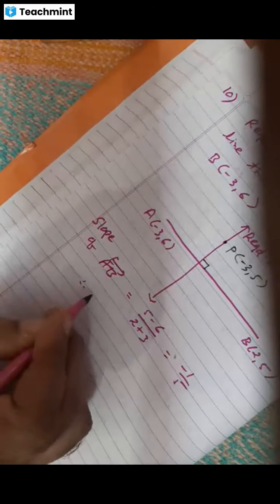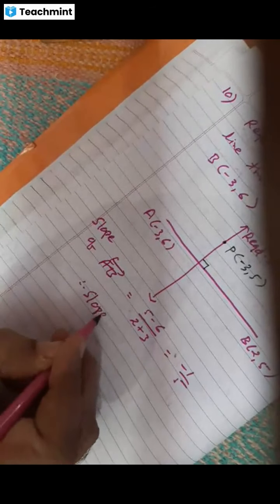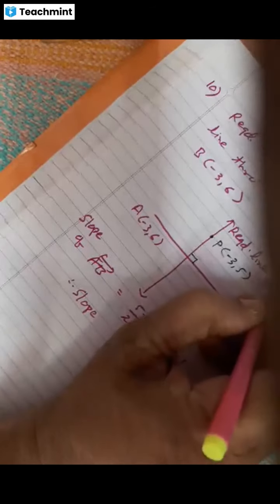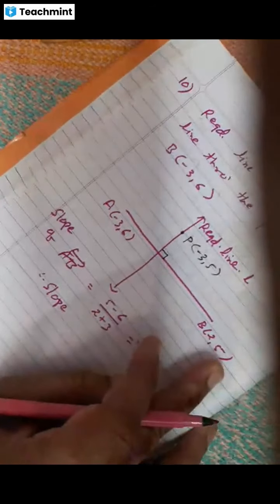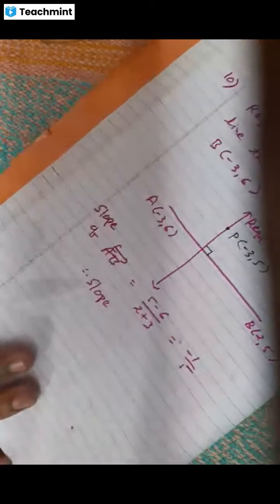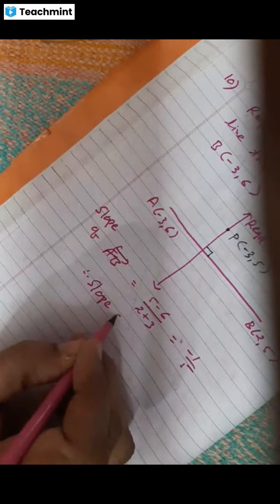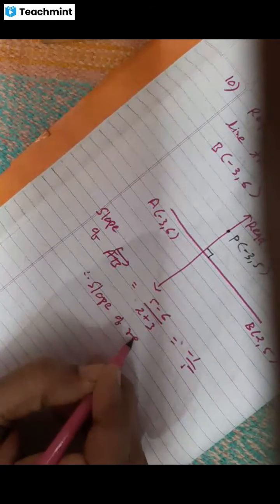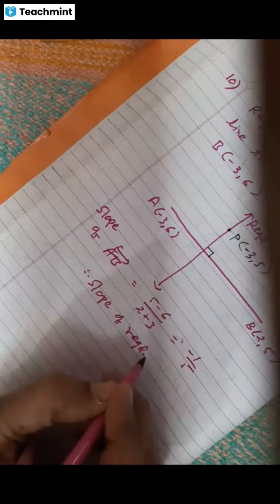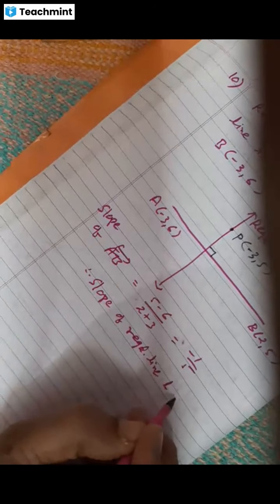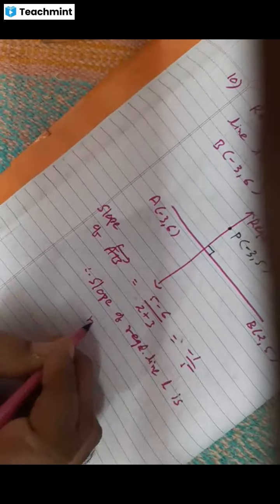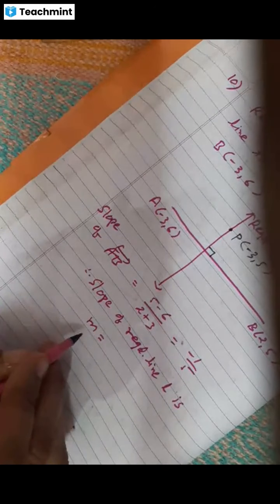And therefore, what will be the slope of the required line? Suppose I call the required line L. So the slope of the required line L, I will call it m.